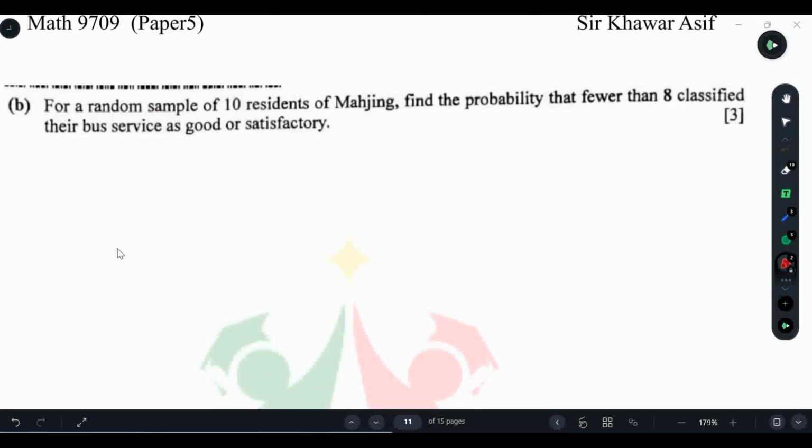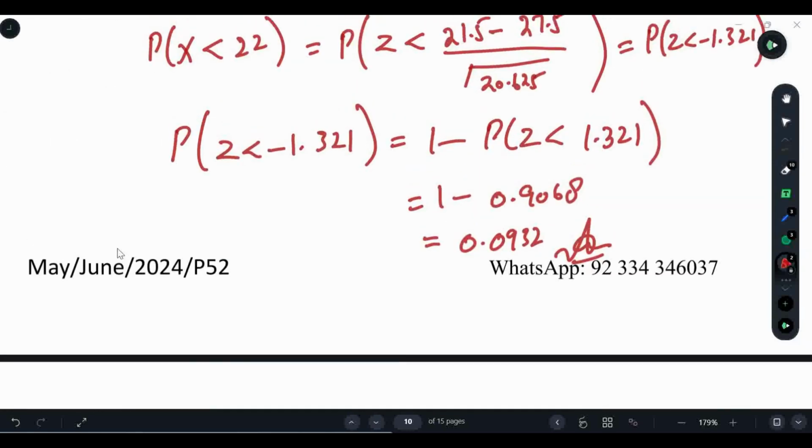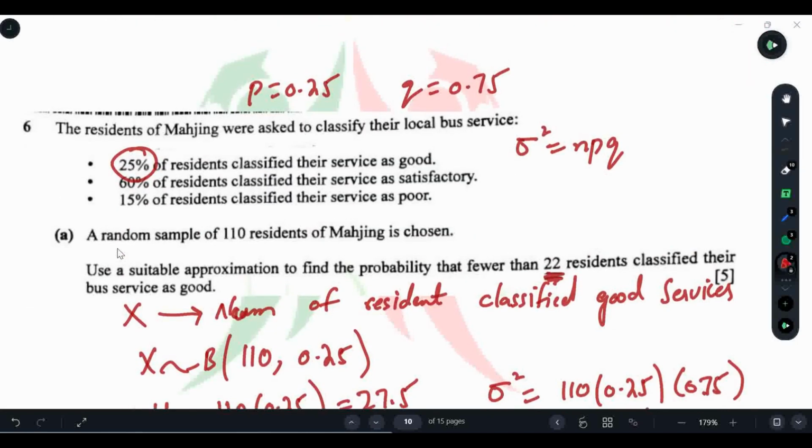Question number 2, the B part. For a random sample of 10 residents, find the probability that fewer than 8 classified their bus service as good or satisfactory. We use the binomial distribution with n equal to 10.